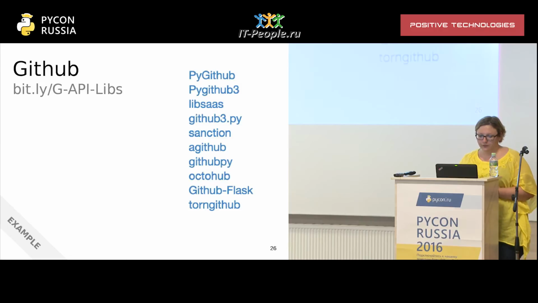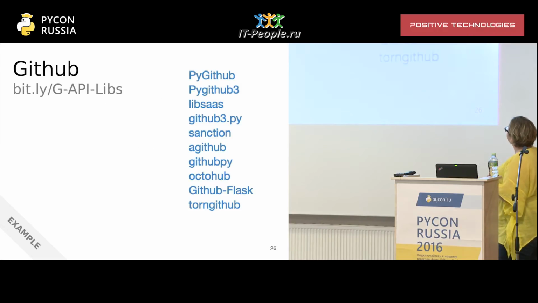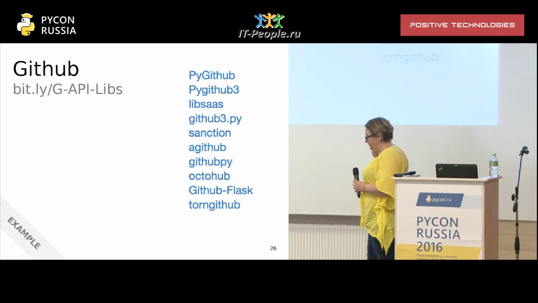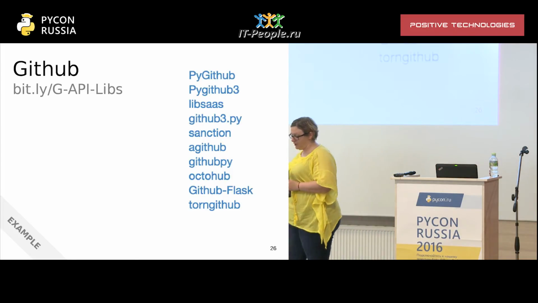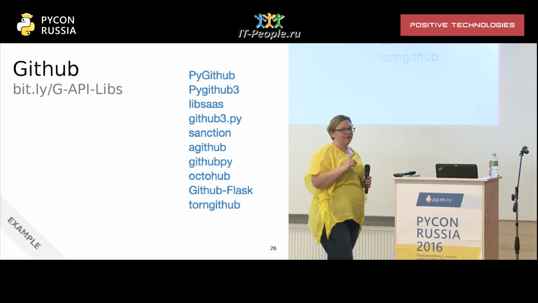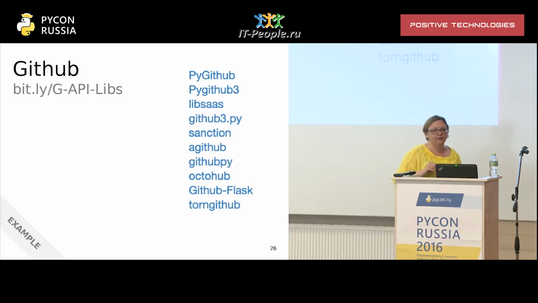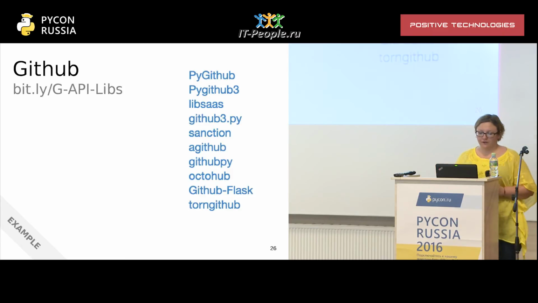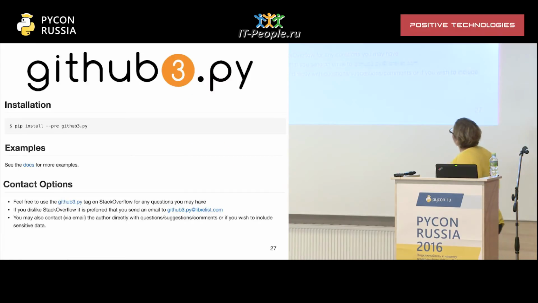So let's go back to that list on GitHub. Now, some of these libraries do different things. I actually looked all of them up. But for a second, some of them are quite similar. Let's assume they all do the same thing. One that particularly stuck out was GitHub 3.